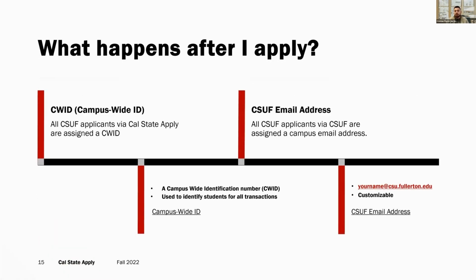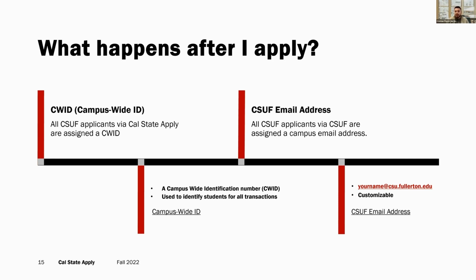So what happens after you apply? Skipping ahead a little bit, after you apply, you will be issued, here at least at Cal State Fullerton, a campus-wide ID. Many of you already have one, and it will always stay the same. So when you reapply as a grad student, you're going to keep the same CWID. It's not going to change. That is yours forever. You will also keep your same CSUF email address.